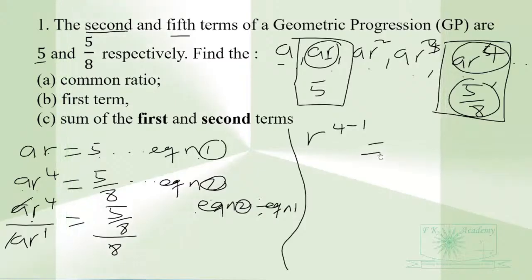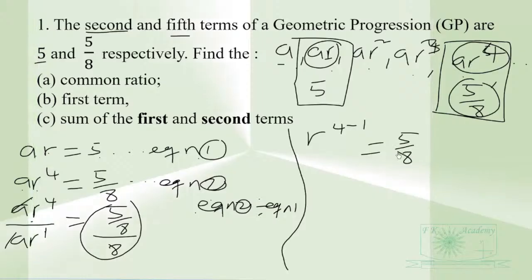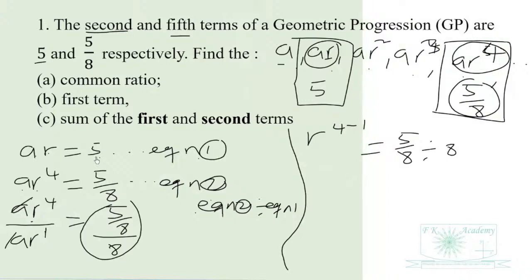When you come here, you can also write it as 5/8 divided by 5. This is 5, not 8. So divided by 5.